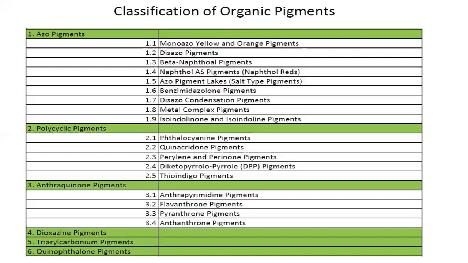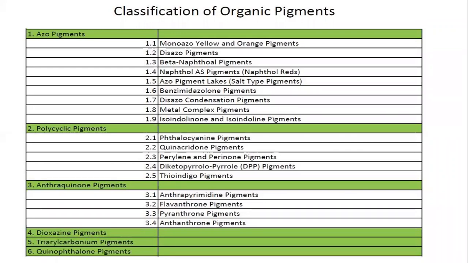Azo pigment lakes have sulfonate and sometimes carboxylate constituents. Benzimidazolone pigment is a good corrosion inhibitor, usually used in the aeronautic industry and also optical sensing. Condensation pigments are used on polyester, nylon, and cellulose triacetate.